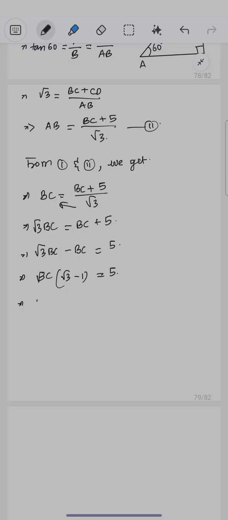So BC equals 5 divided by 1.73 minus 1, which is 5 by 0.73.